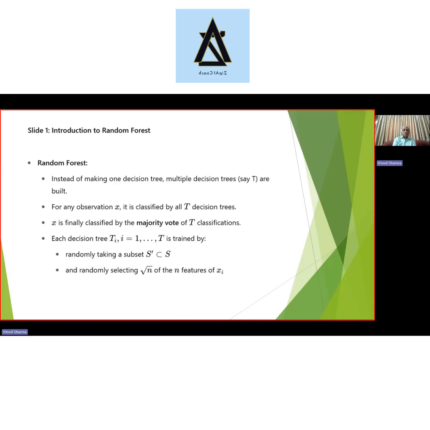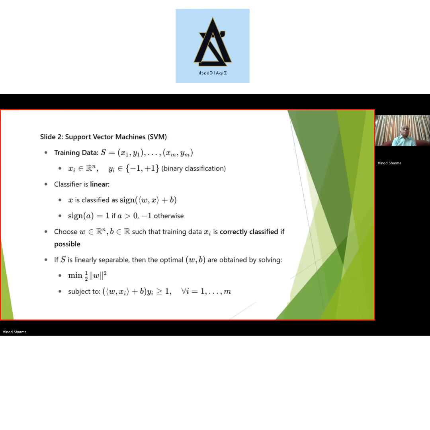Making this way, the different trees that we'll obtain will be approximately independent. And choosing these independent T decision trees to make the final decision provides a better algorithm than choosing just one decision tree based on all S and N.